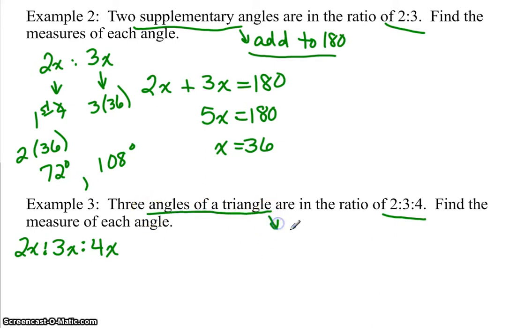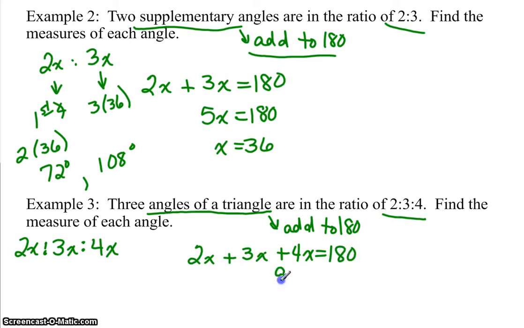Hopefully we remember they all add to 180. So therefore my equation is 2x plus 3x plus 4x equals 180. 9x equals 180. Dividing by 9, I get x equals 20.